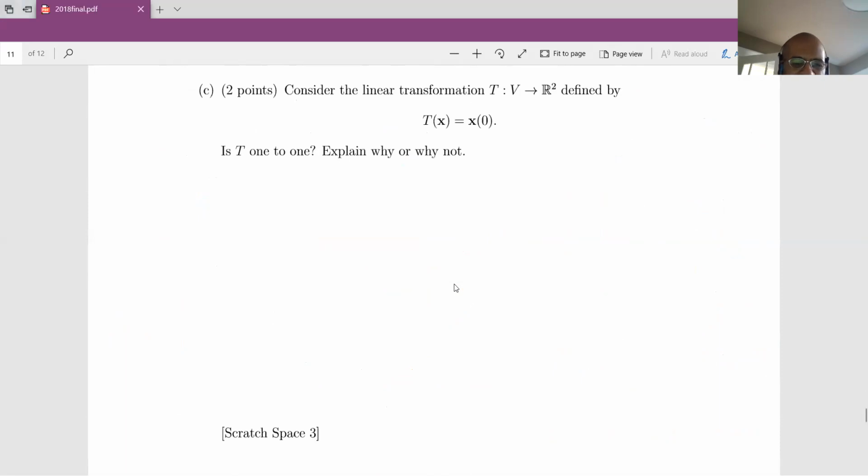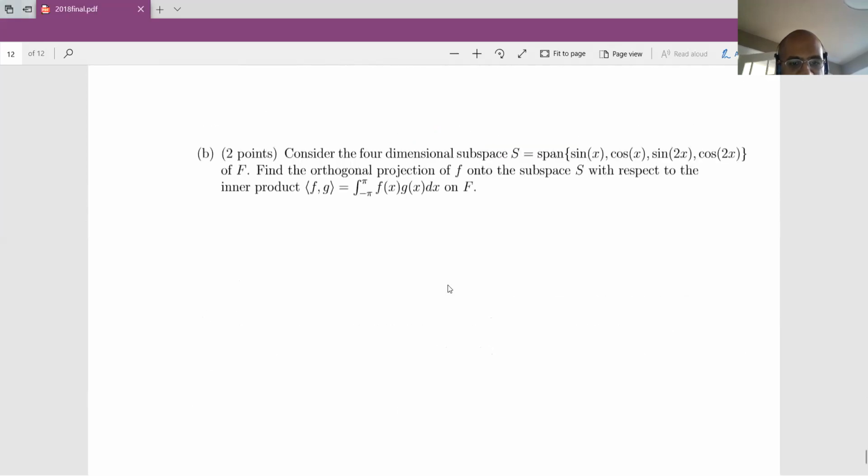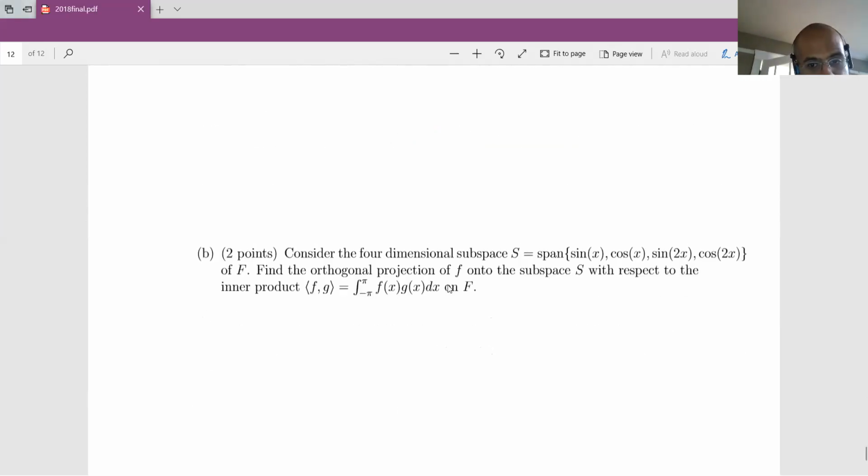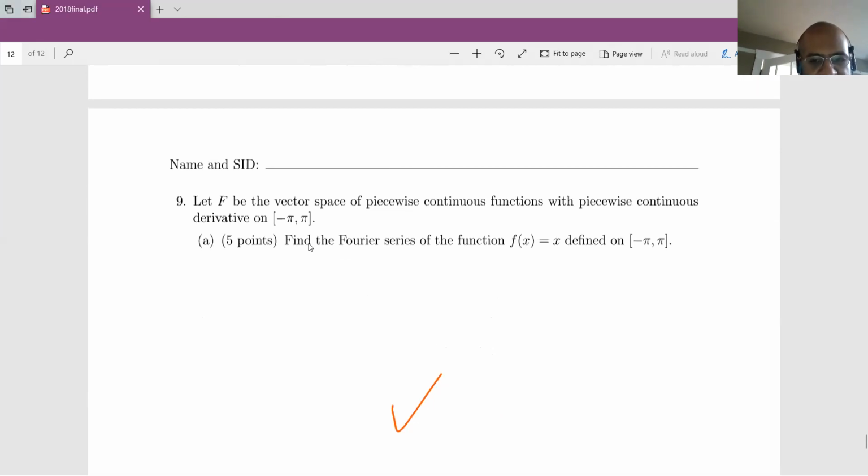What else? I mean, this is just like the Wronskian lemma. This is not very hard. This is an interesting question. I gave you a function. First, you find its Fourier series, which is something. I don't remember what it is.